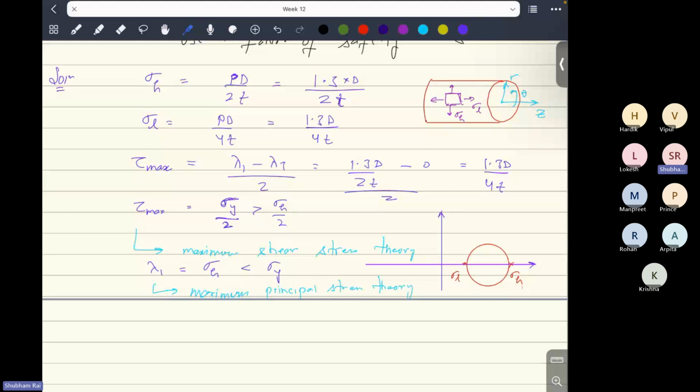So in that case, your shear stress would not have been just sigma h by 2. But since they both have the same sign, your maximum shear stress will also be sigma h by 2.